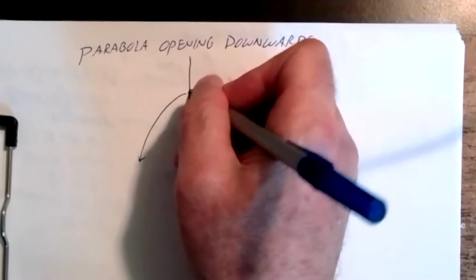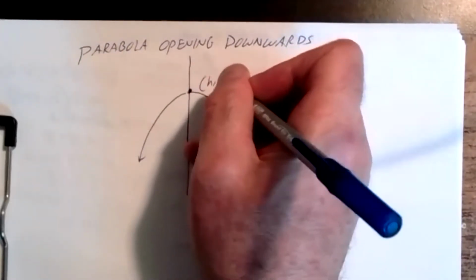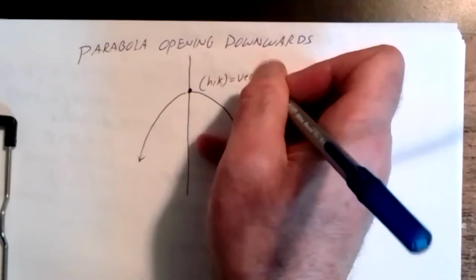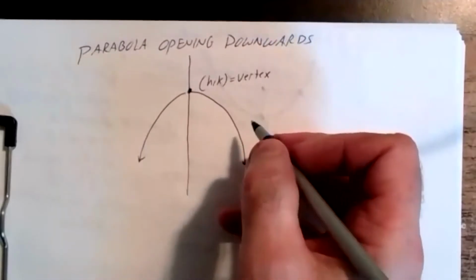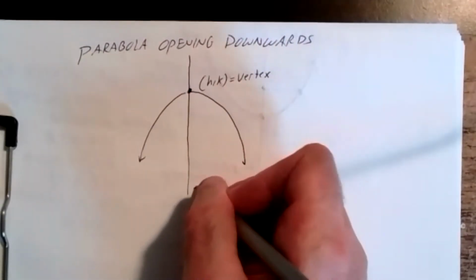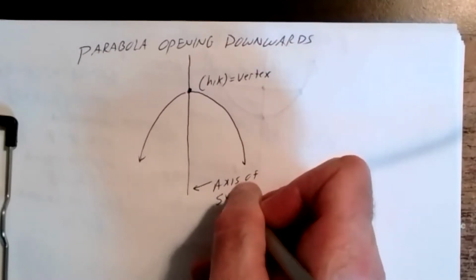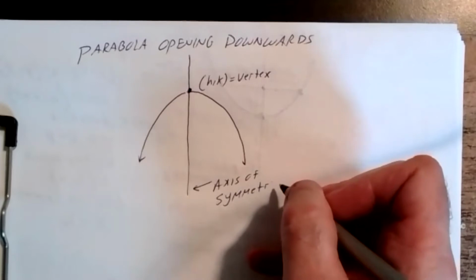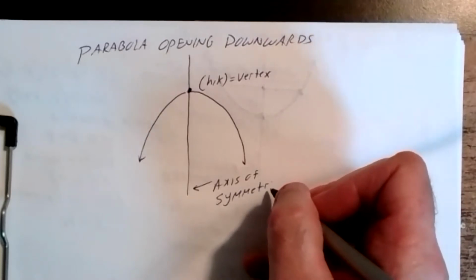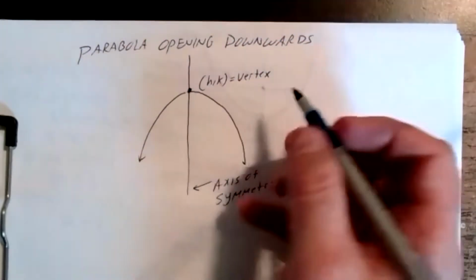Well, now the vertex point is rendered as being a maximum point on the graph. This axis here is, of course, the axis of symmetry, because the parabola is symmetric with respect to this vertical line. Your directrix would be out here.